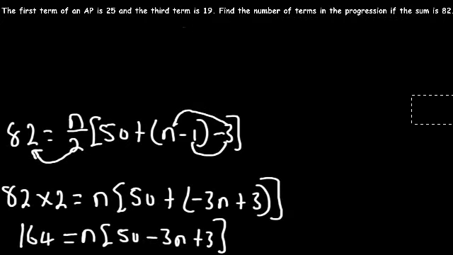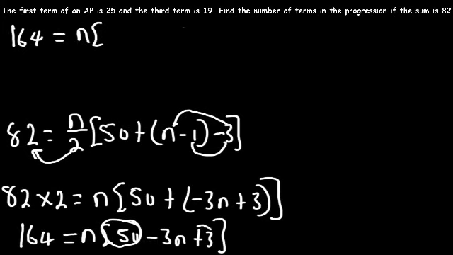Okay, now I have 164 equals n multiplied by 50 plus 3. Since they are like terms, both constant values, you can definitely add them together. So I should have 53 minus 3n and close the bracket.